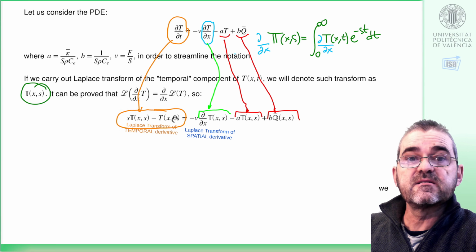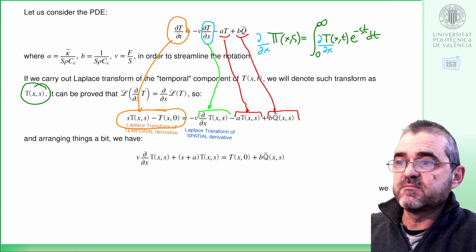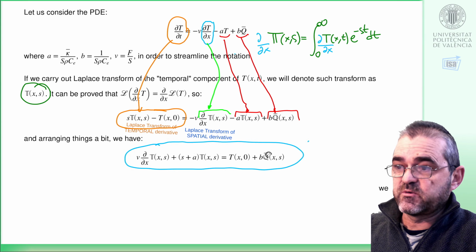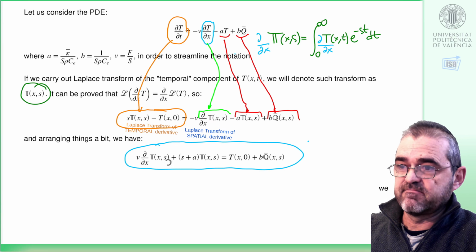So this is a standard time domain Laplace transform where x is assumed constant. So moving things a bit, we get this expression as the Laplace transform of the partial differential equation, understanding Laplace transform in the time dimension.